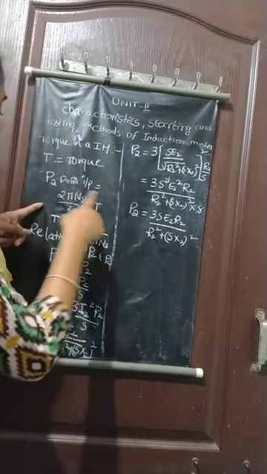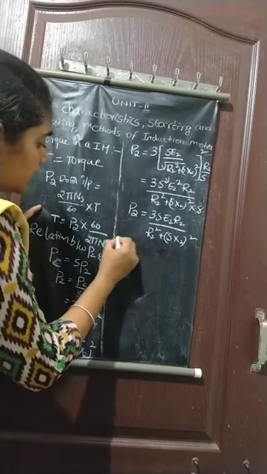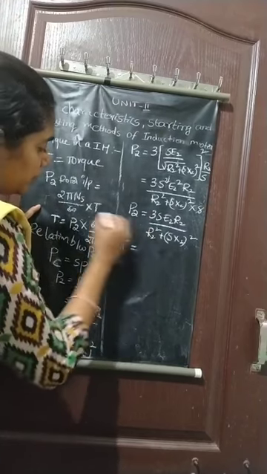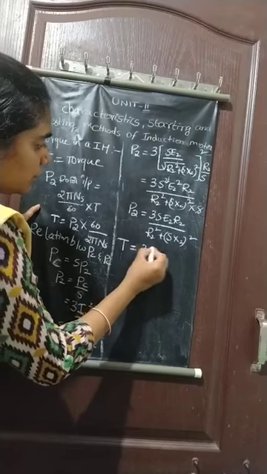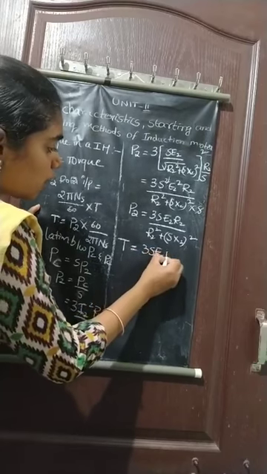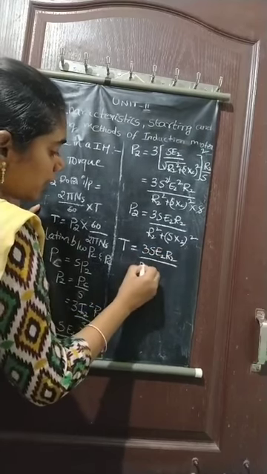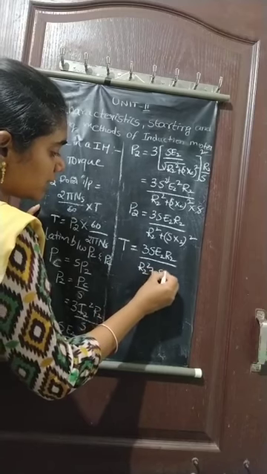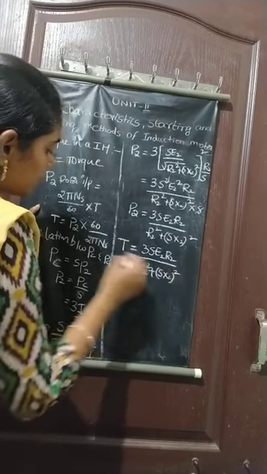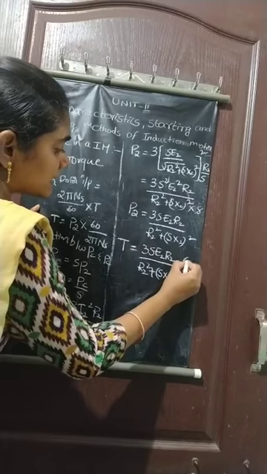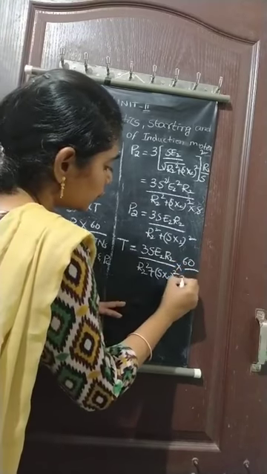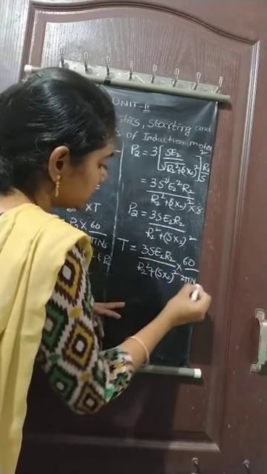Substitute the P2 value in the torque equation. Torque T is equal to 3 S E2 square R2 by R2 square plus SX2 whole square into 60 by 2 pi Ns.